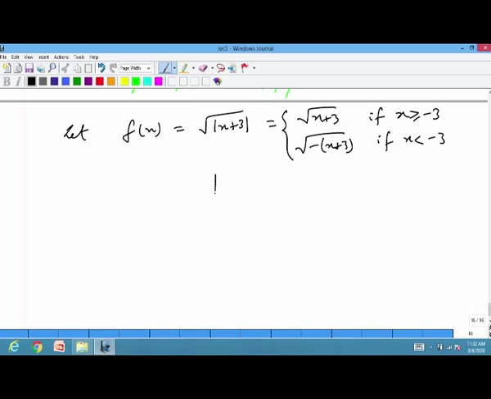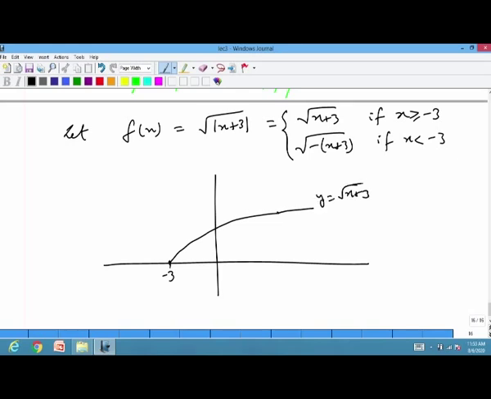So, we have this is x equal to minus 3 and y equal to square root of (x plus 3), this is this part of the parabola like this. This is y equal to square root of (x plus 3) for x bigger than equal to minus 3, and this f(x) is symmetric about this. So, this will be the other side, it is like this.